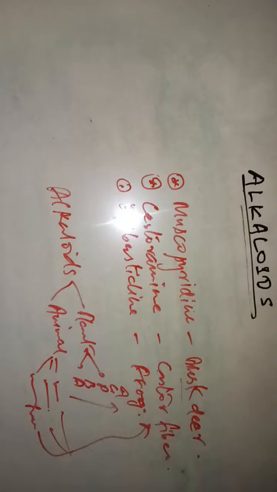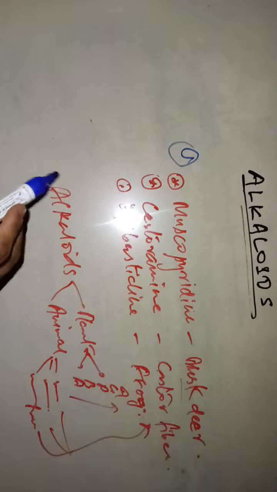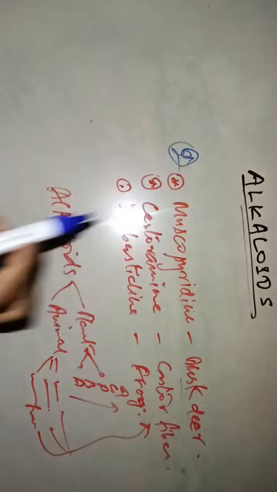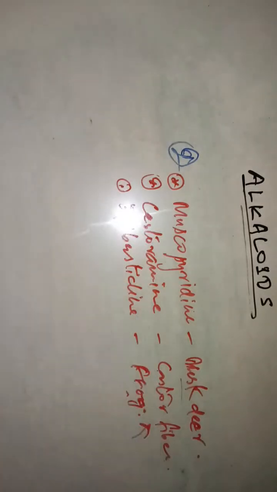Next, most important is microbes. Alkaloids are also found in microbes. Algae, bryophytes, and pteridophytes are number 1, animals are number 2, and in third position you will find microbes.